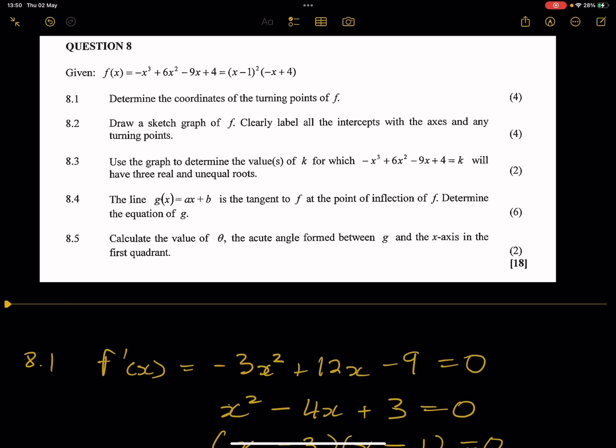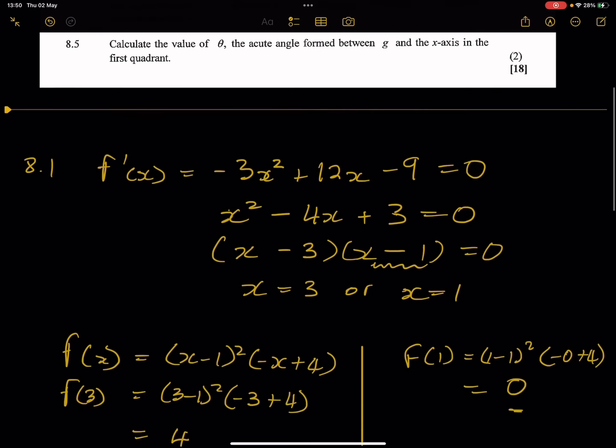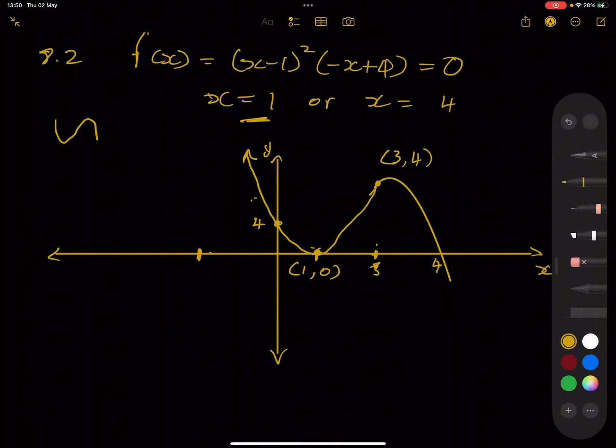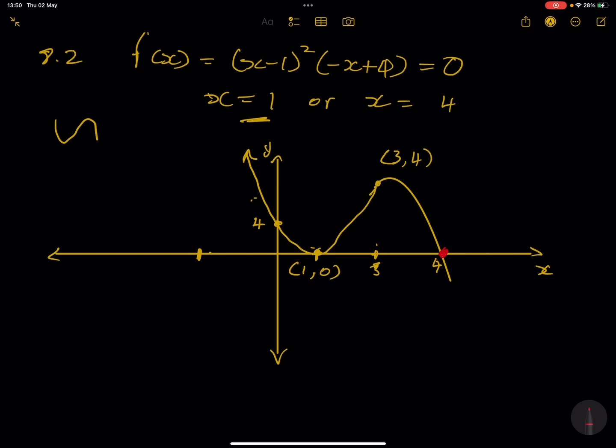Now I want you to please note, at the moment when we look at our graph, we only have 2 roots. Where are those 2 roots? Our 2 roots are this guy here and that guy over there. But they want us to have 3 real roots in this case.